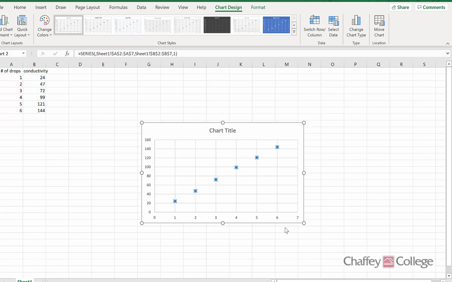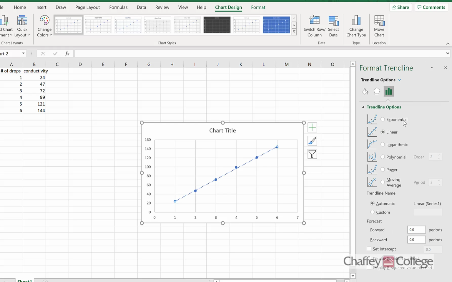Click on add trend line, and it will show you various options, and most likely it will select linear. If linear is not selected, please select linear, and then down here, select display equation on the chart. Select this one, and close it.